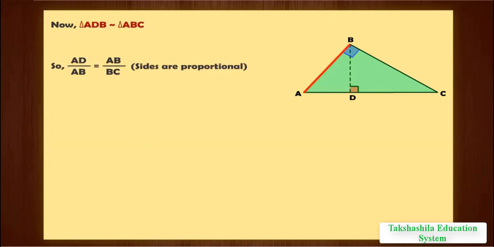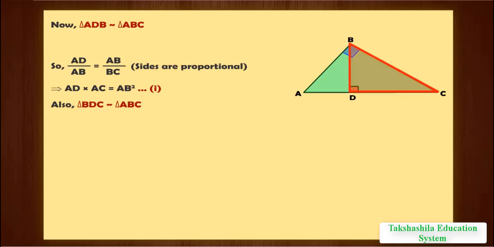So, AD upon AB is equal to AB upon AC because the sides are proportional. This on cross multiplication gives AD into AC is equal to AB square. This is equation 1.